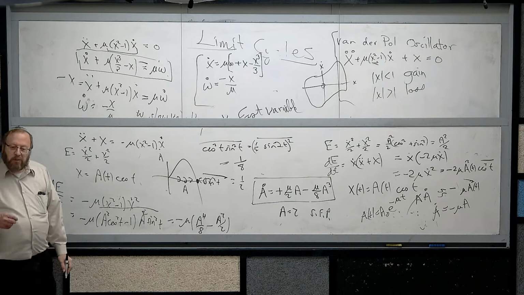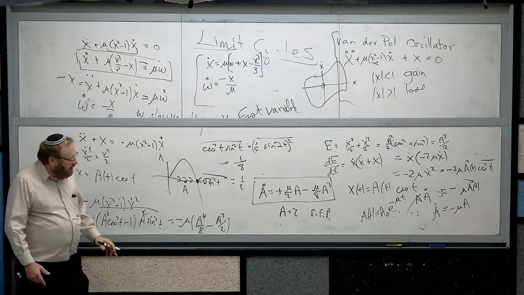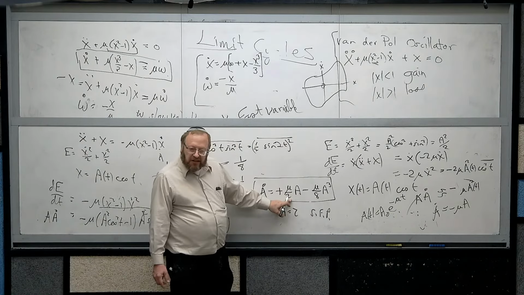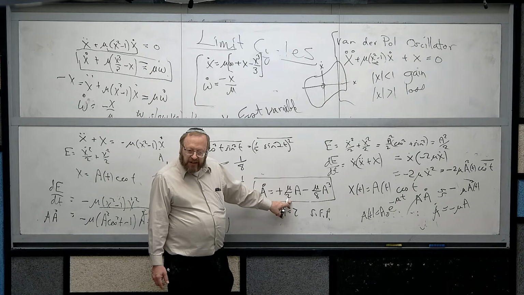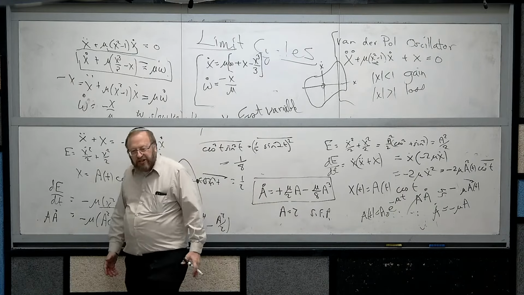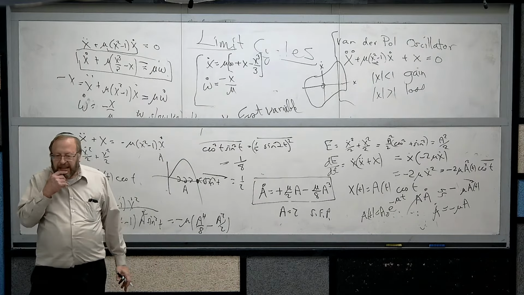Because at a equals 2, the loss of energy by this term exactly balances the gain of energy from this term, and on average, you're not changing the energy during a single rotation, so therefore, that's an oscillation. You have a regular oscillation.